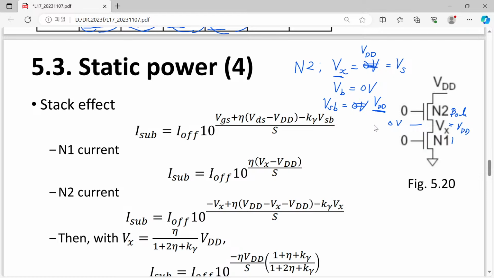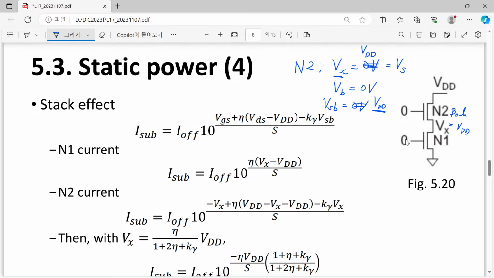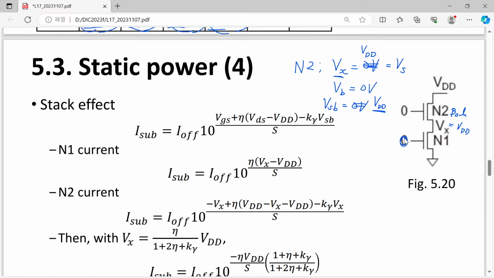How can we generate or consider such a kind of situation? In this case, what we can do is we can apply, for example, 0 volt. And if instead we apply Vdd, then what will happen? Since this device is now on, this is off, so we have this relative, not exactly Vdd, but that will be increased. So that can happen in this case.